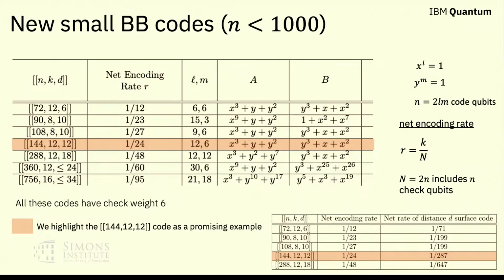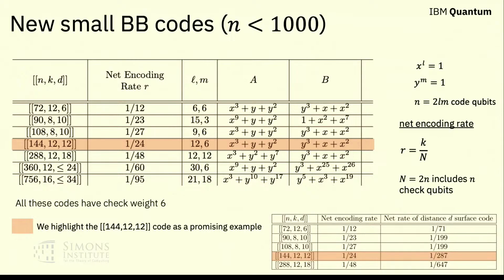So what do some of those codes look like? So here's a bunch of small instances, again, satisfying this less than 1,000 qubit constraint. The L and M are the orders of the X and Y variables. And then A and B are the polynomials, as defined on the previous slides. I'll focus in particular on this 144.12.12 code as an example in the talk.